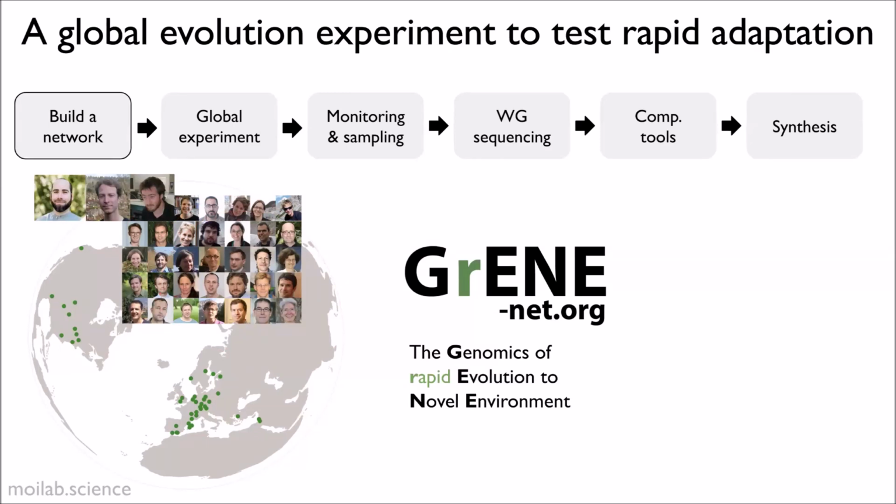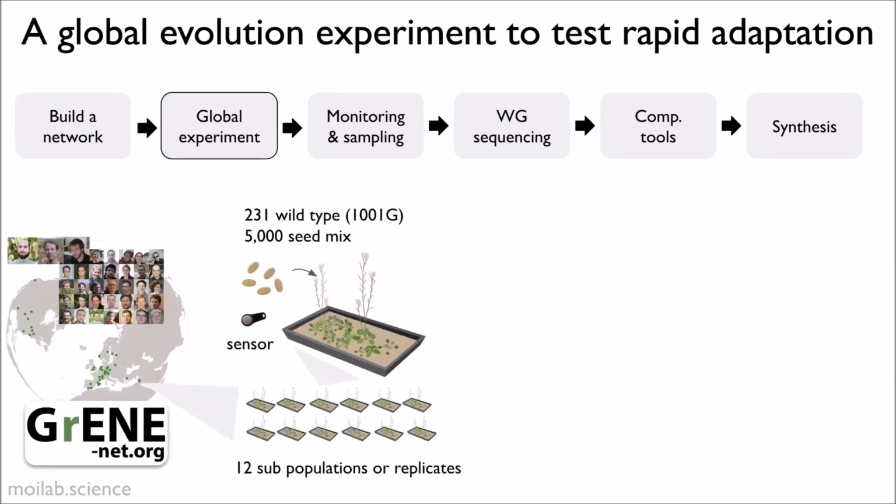We call this the Green Nets evolution experiment. It was a citizen science-like setup so that many people could join, where we generated a seed mix that had high standing variation by combining wild-type Arabidopsis seeds.